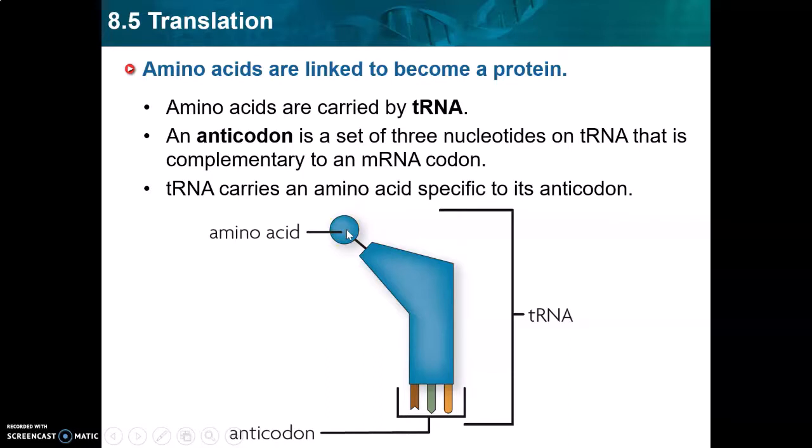Okay, that will be really important because remember, the anticodon is going to be complementary or going to match up with an mRNA codon. So different mRNA codons are going to need to code for different amino acids. And it's by matching up with the anticodon that the correct amino acid gets added in the polypeptide chain.